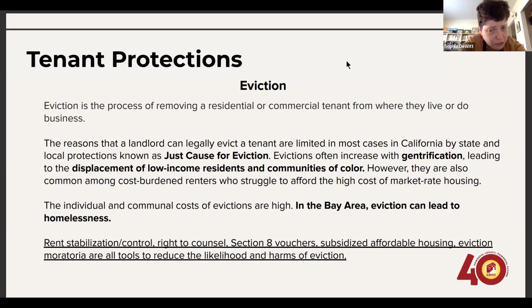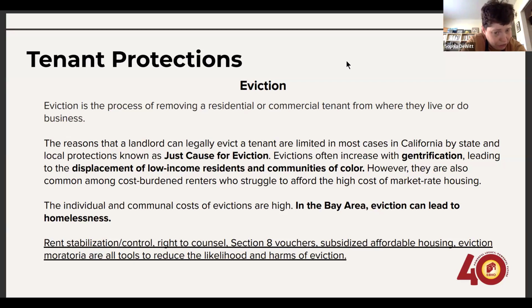But evictions are also common among cost-burdened renters who often struggle to afford the high cost of market rate housing after they've been evicted and they're looking for a new place to live. So that means that the individual and communal costs of evictions are high. And in the Bay Area, where housing costs are very high, as we know, eviction can lead to homelessness.